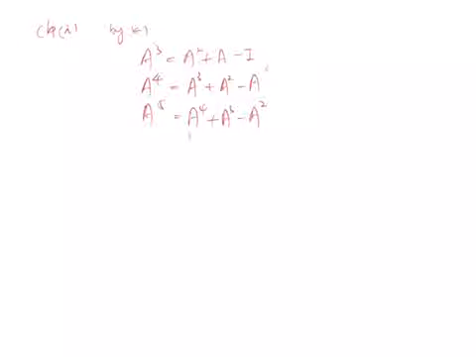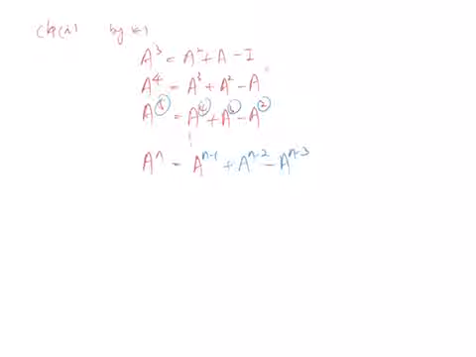So we continue until A to the power n. Now by the relation, you see that 5, 4, 3, 2, so it's n minus 1, n minus 2, n minus 3.